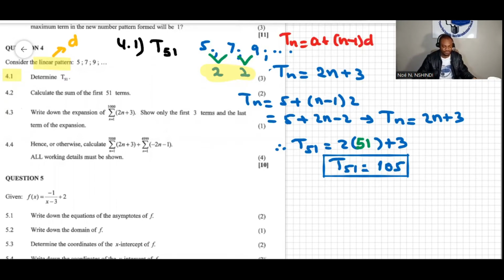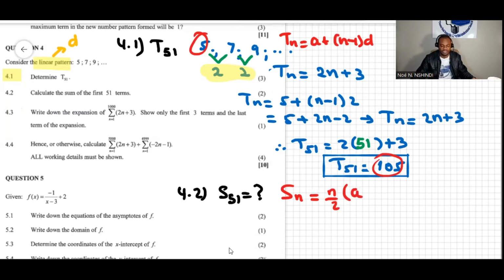Now, the following question is 4.2. Calculate the sum of the first 51 terms. So we're looking for S51. Sn is given by, because we know the first term, which is 5, and we also know the 51st term is 105, we can just use this formula, n over 2, open brackets a plus l.